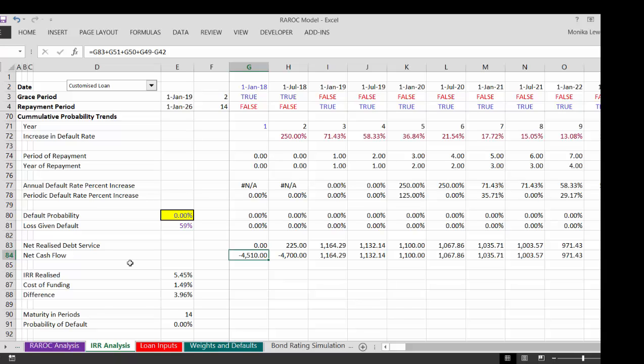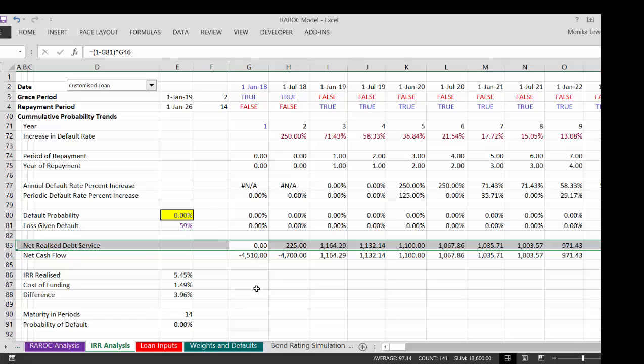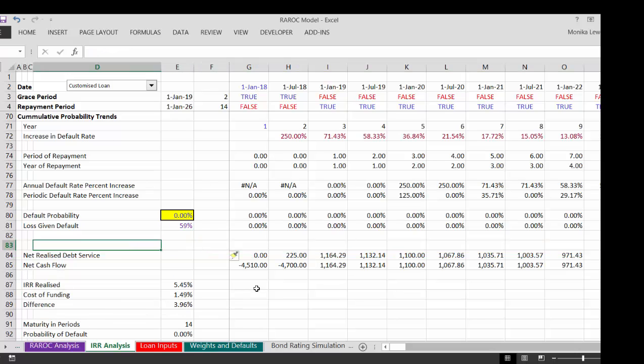So the net cash flow is a function of the probability of default. So we can kind of compute the net cash flow. And I think what we need to do is put the, let's go right up here. We have the, we're going to need these, and let's put the net cash flow without default.